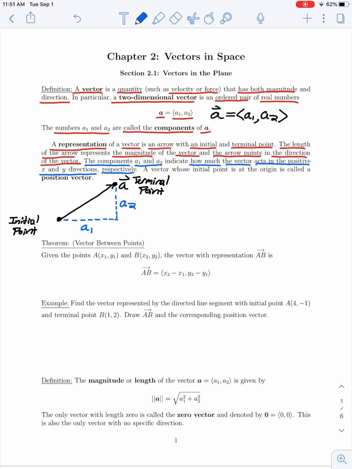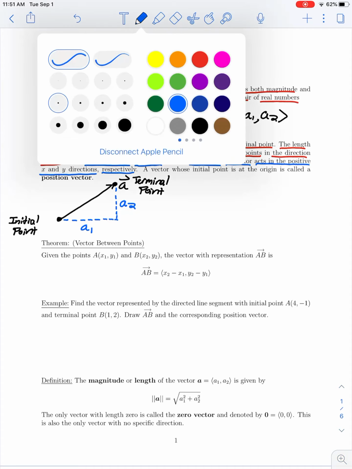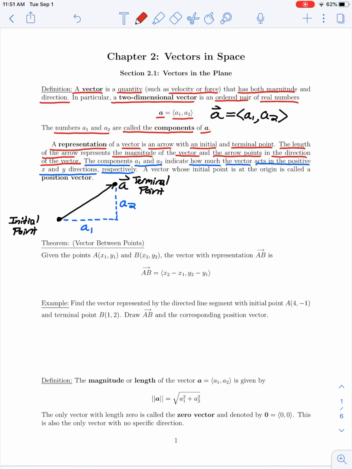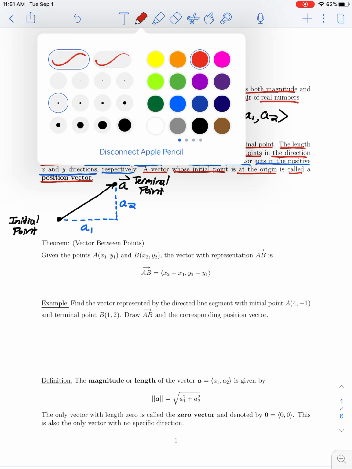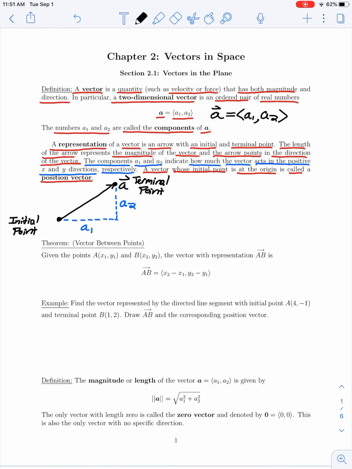Now, there is a special representation of a vector, which is given a particular name. A vector whose initial point is at the origin is called a position vector. So let's think about representations of vectors. We'll take a look at what it would mean for two representations to be equivalent, or what exactly this position vector represents.